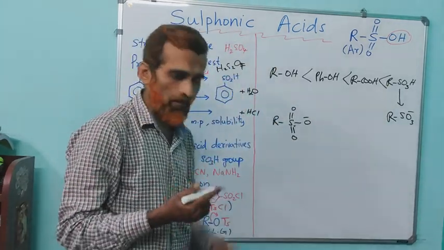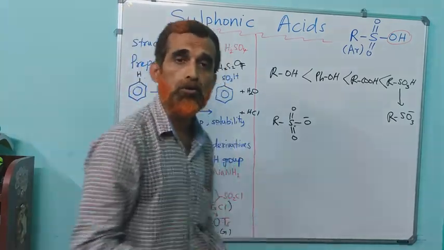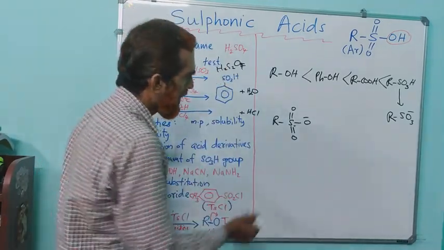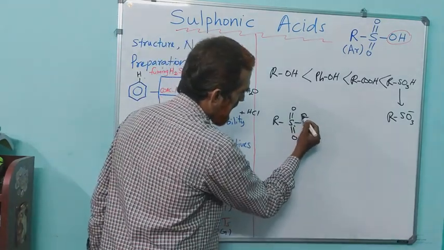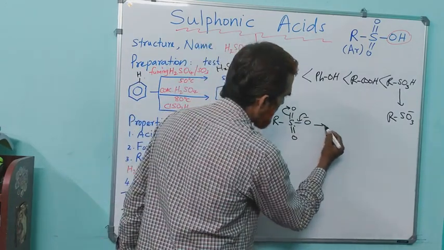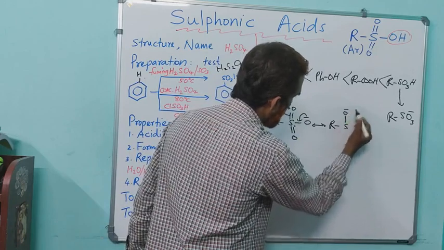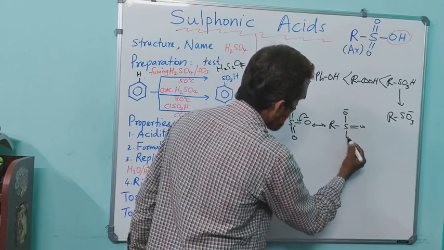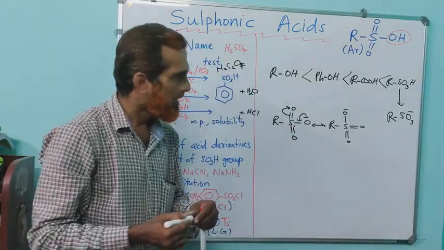We know whenever we talk about acidity, you consider the stability of the conjugate base. This is resonance stabilized because this lone pair is in conjugation with the double bond. So you get another resonance structure. It becomes negative charge here and double bond here, and it can go to this side also, right?